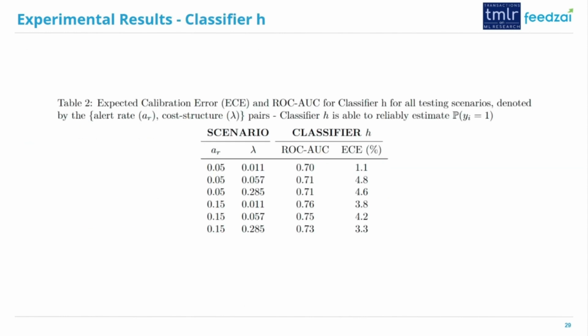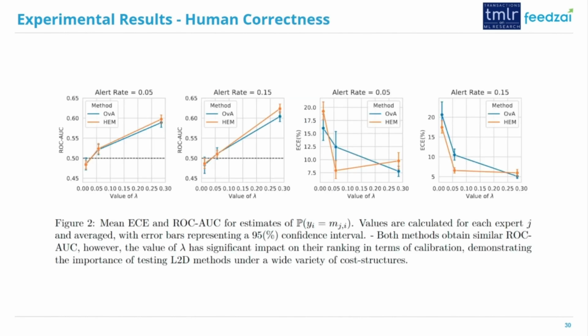We can see in the first results that classifier H can successfully model the probability that an instance is fraudulent. However, the results for the models that predict the expert correctness are much less favorable, with much higher expected calibration errors and much lower areas under the curve, due to the complexity of the used experts and the limited data availability.